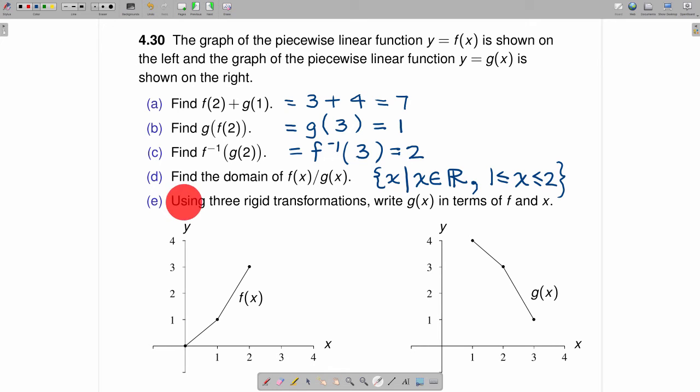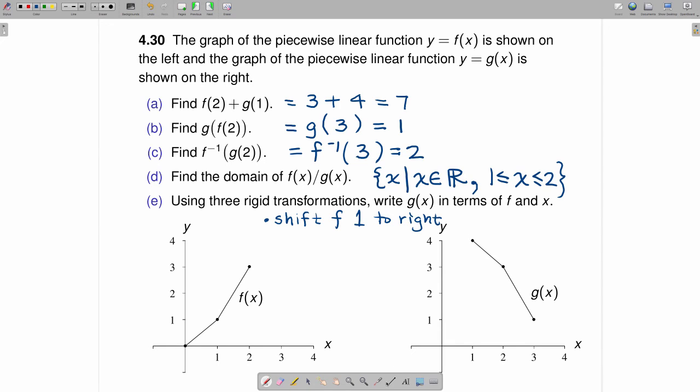Last question, using 3 rigid transformations, write g of x in terms of f and x. So you'll notice that the shape of this and the shape of this are close. What we really want to do is 3 different things. First thing we want to do is take f and shift it 1 to the right.